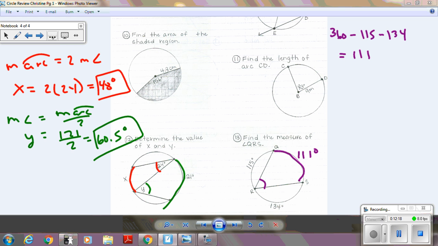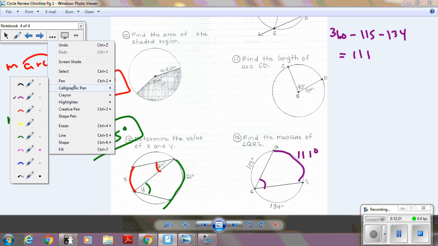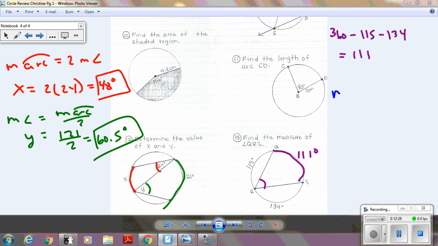So now that I know that, I'm going to use the formula that says the measure of the angle is equal to the measure of the arc divided by 2.